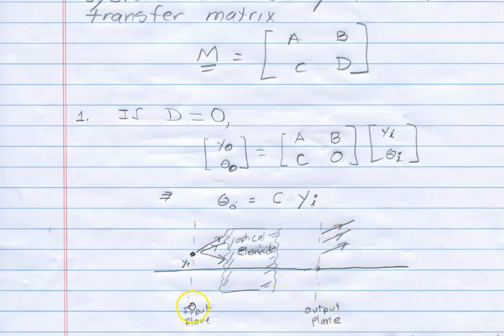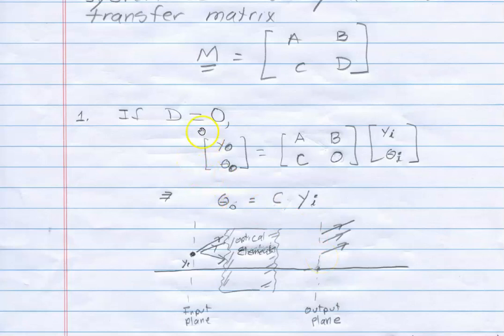So our real system matrix goes from the input plane to the output plane. Oftentimes we might have a translation to get to the instrument, and then another translation matrix to get to the final point.